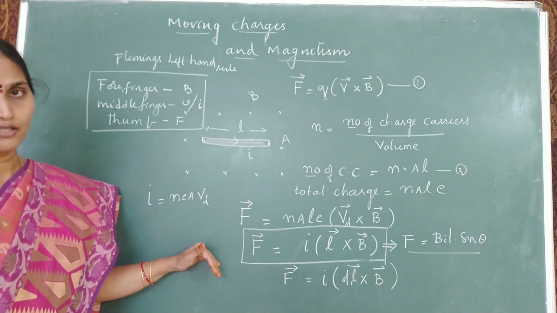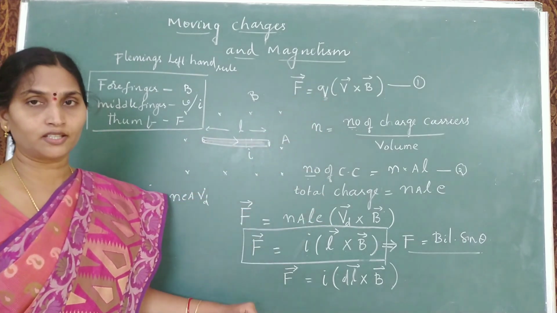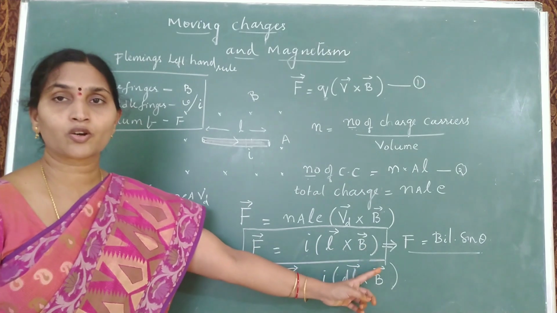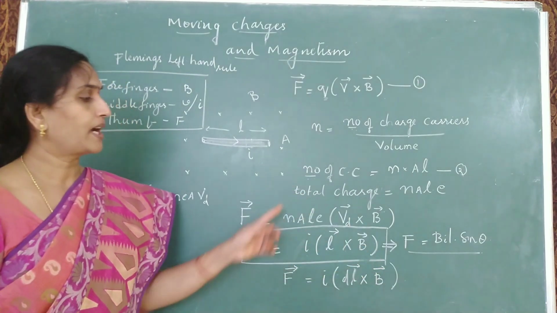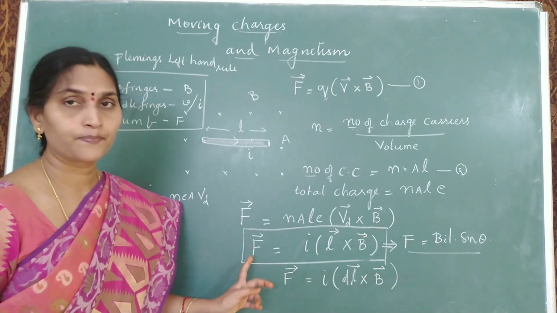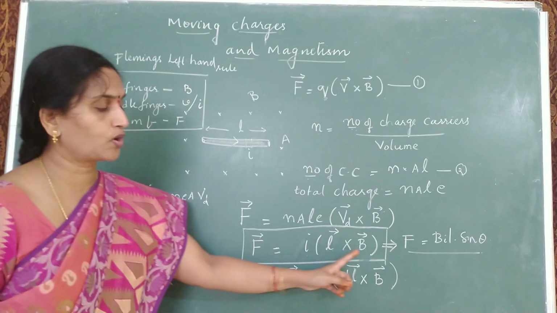So again I repeat, what is the formula for force acting on a current carrying conductor when you place it in a magnetic field? It is I into L cross B or I into dl cross B. Magnitude is given by this formula. Direction is given either by Fleming's left hand rule or from the cross product.